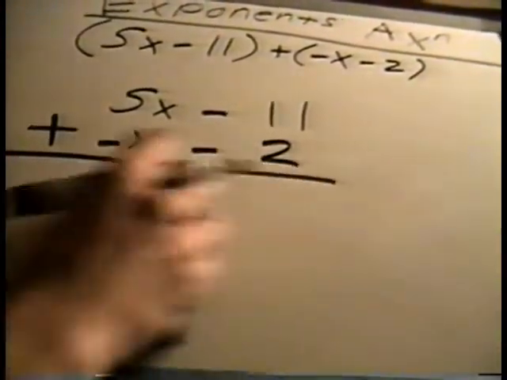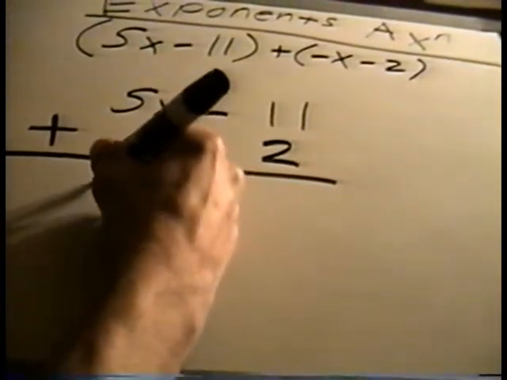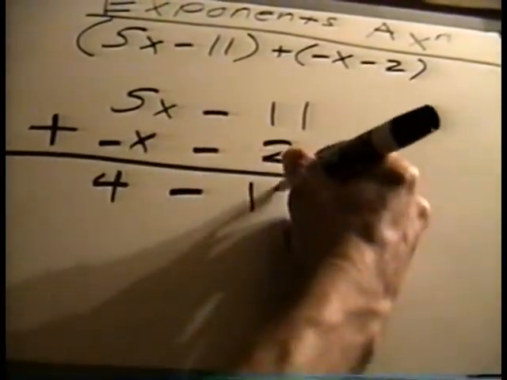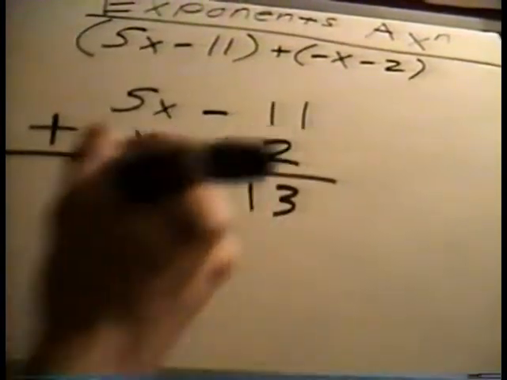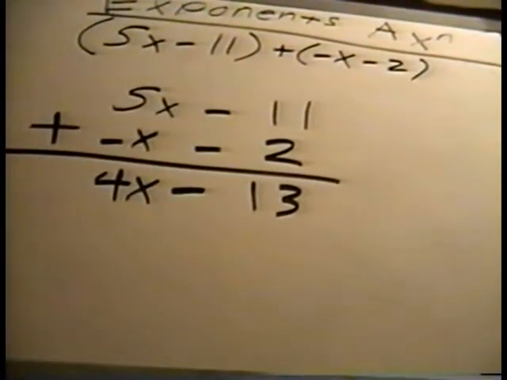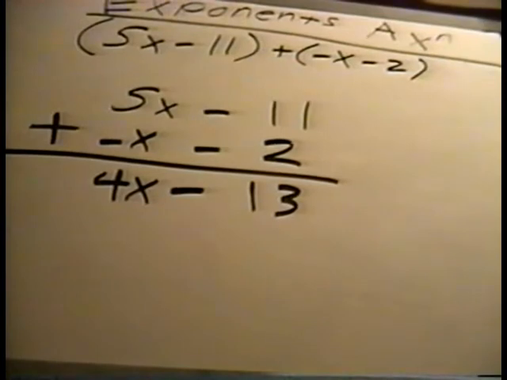An equivalent way you could do this is, you could take the numbers out of that. 3 minus 1, and therefore you get 2x. So that becomes 2x.